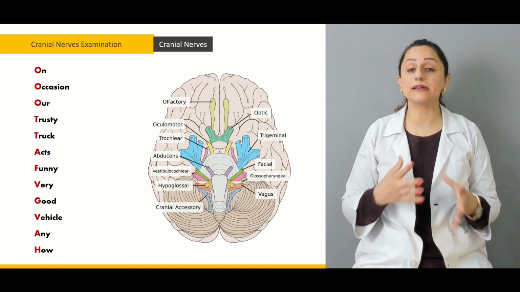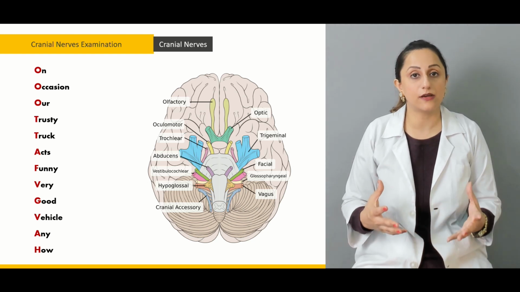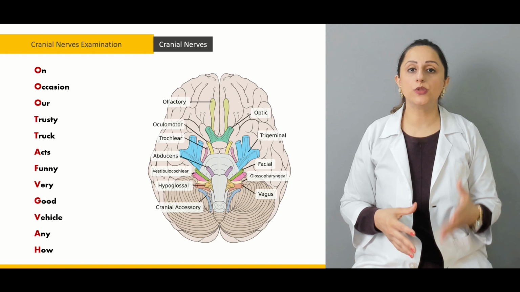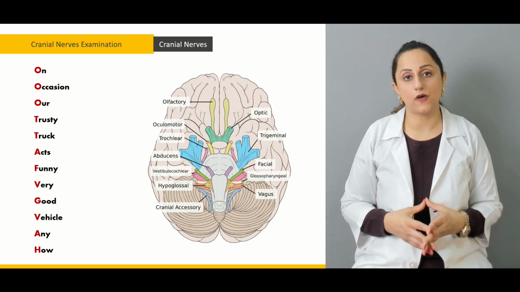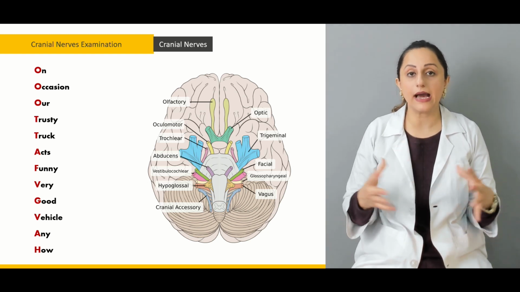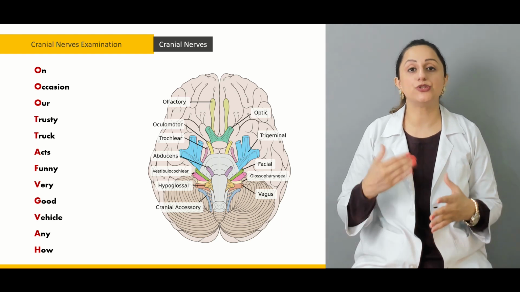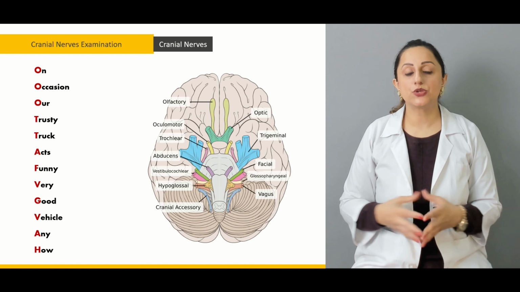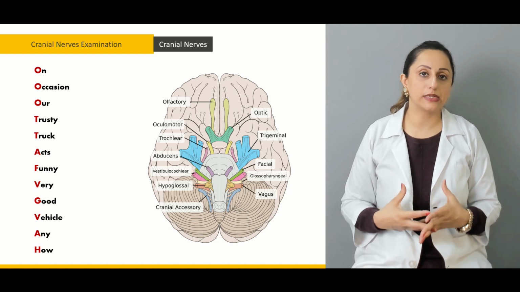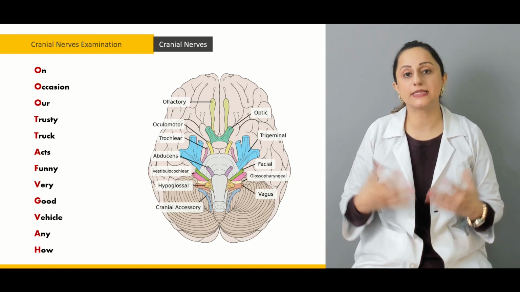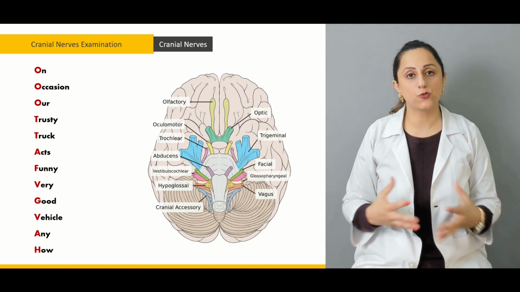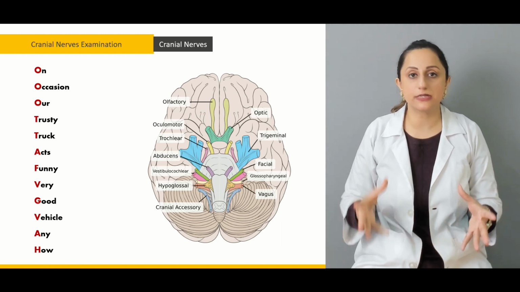Now there is a clear distinction between these and the spinal nerves. We have almost 31 pairs of spinal nerves that are coming out of the vertebral column through the dorsal root ganglion. They have their motor component as well as their sensory component involved in a particular spinal nerve.